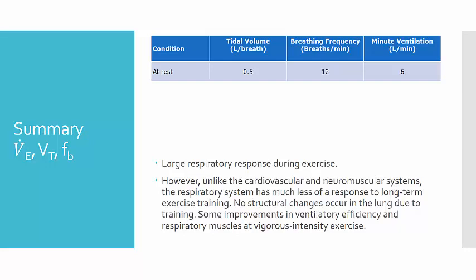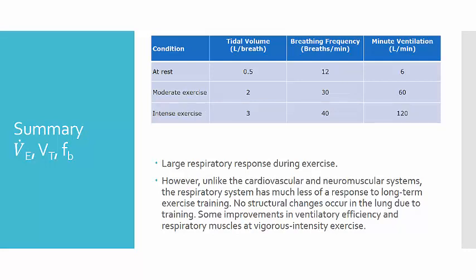So 0.5 times 12, we get a minute ventilation of 6 liters per minute. Now during exercise, let's say moderate exercise, tidal volume has increased to about 2 liters per breath. Breathing frequency has increased to 30 breaths per minute. And now we have a minute ventilation of 60 liters a minute, a tenfold increase from resting conditions.